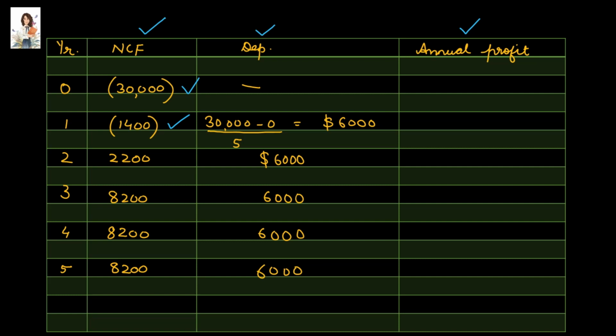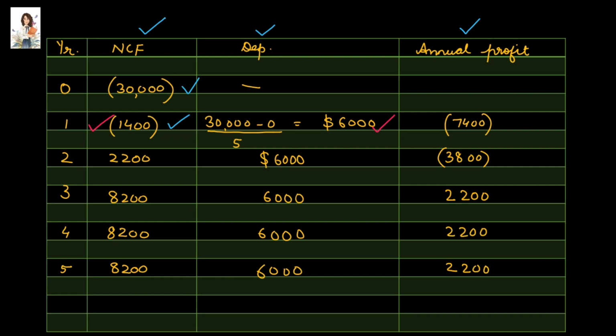Profit for year 1 will be negative $1,400 minus $6,000 of depreciation. Therefore, profit at the end of year 1 will be negative $7,400. Similarly, profit at the end of year 2 will be $3,800, and $2,200 positive for each of the years 3, 4, and 5.